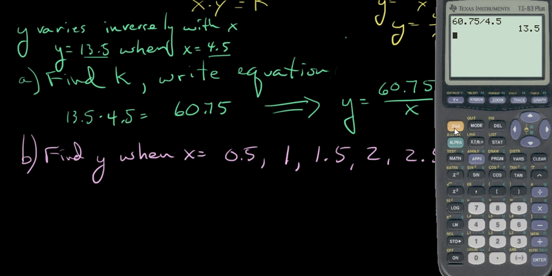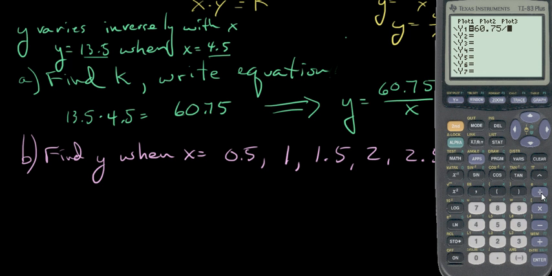We haven't done much with the table, so I'm going to show you something about the table. Your second button here is window. We'll hit second window because above that is table set. First we're going to put the equation in here. Clear, clear, clear. We're going to put 60.75 over x.